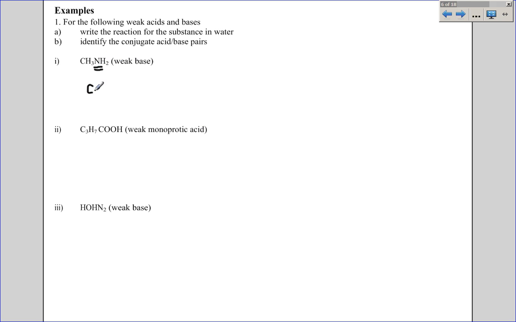When we want to write the reaction of the base and water, we simply write the formula plus the H2O. Although it's more advanced than we want to discuss at the moment, you're going to draw this type of arrow, a reversible arrow, when we write these reactions.